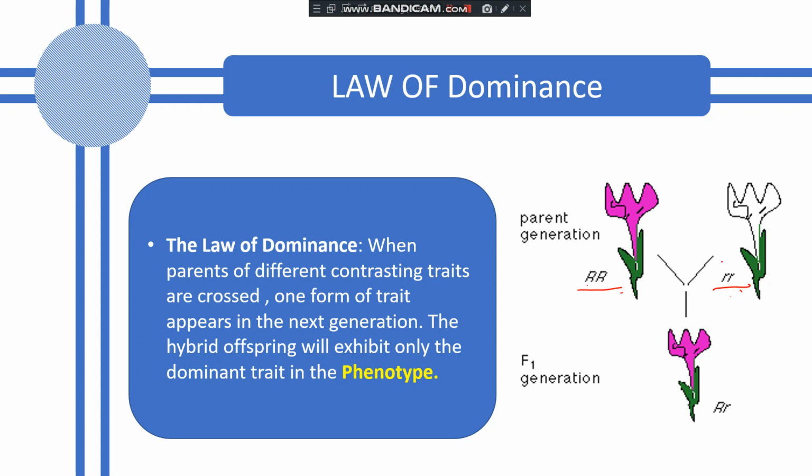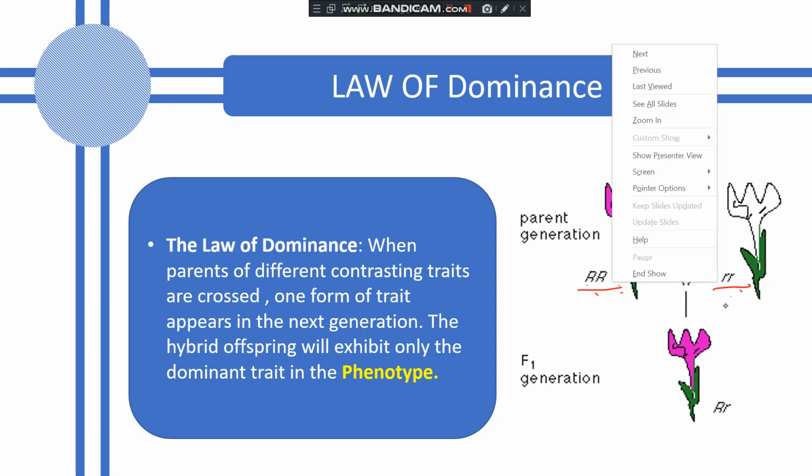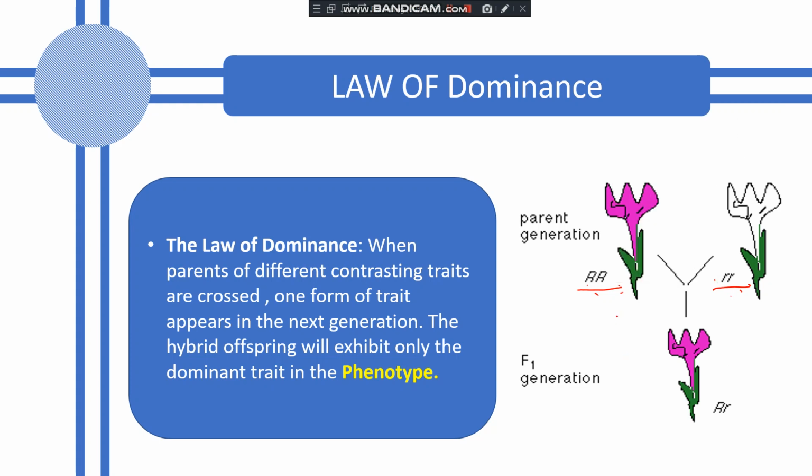Now when they are crossbred, what would happen in the next generation? In the first filial generation, the F1 generation, though it is a hybrid having both alleles, uppercase R and lowercase r, the phenotype, the appearance, is the dominant one.